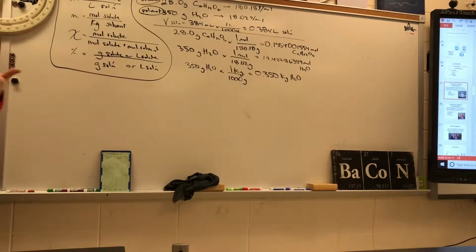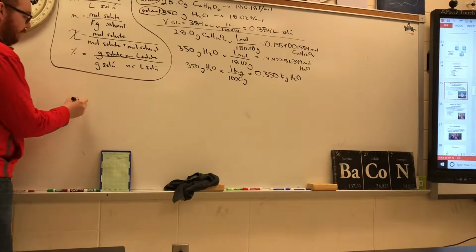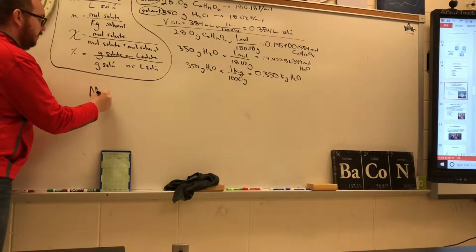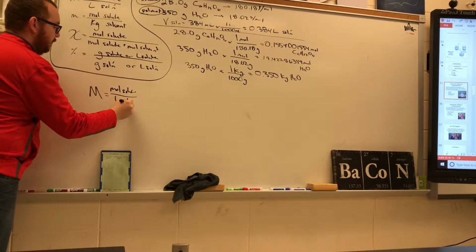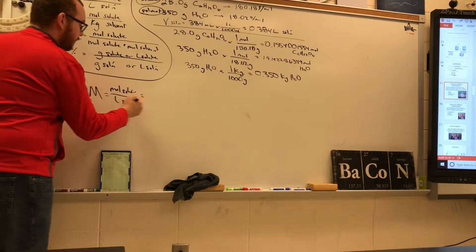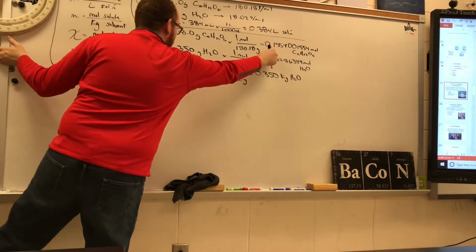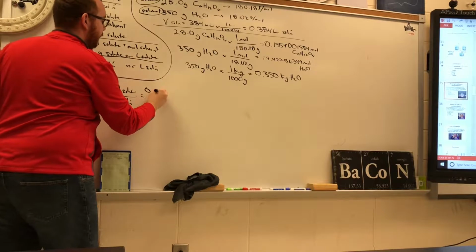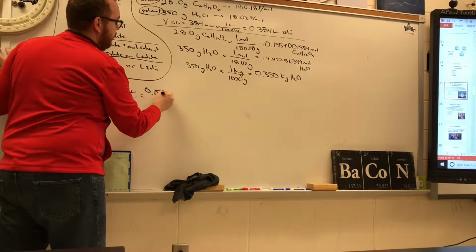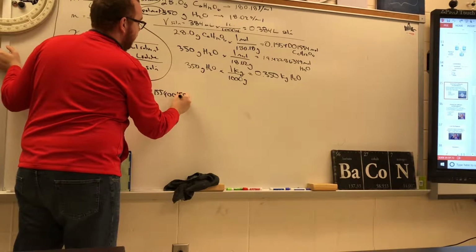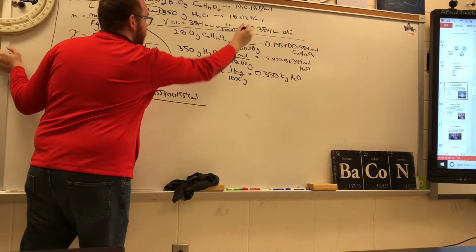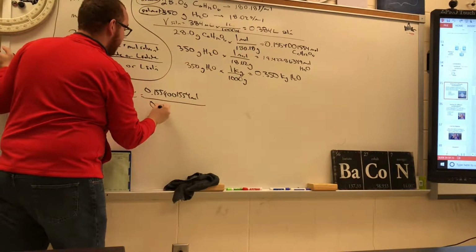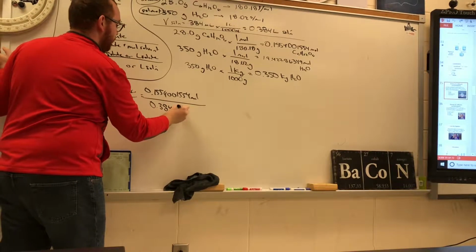Molarity, because you've done it before. I usually do molarity first. So molarity is moles of solute over liters of solution. I always rewrite the equation and then put it in. So moles of solute is 0.1554, liters is 0.384 liters.